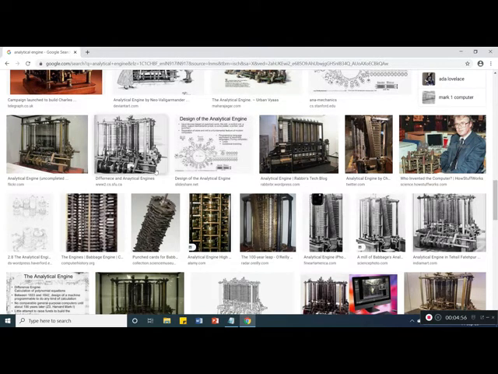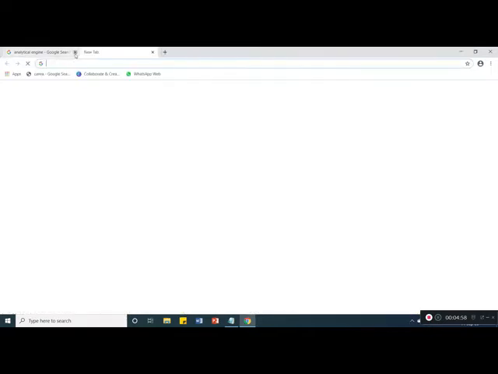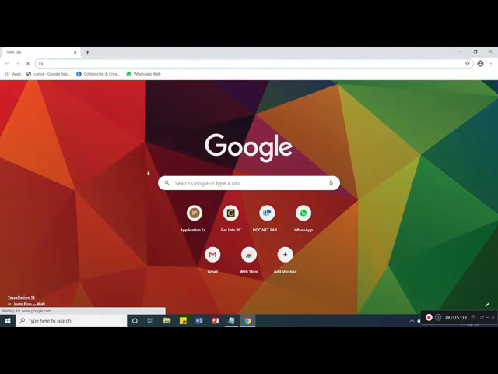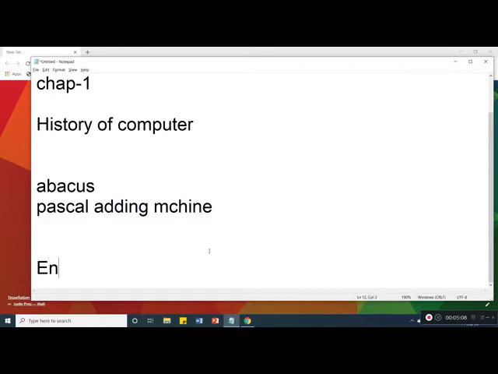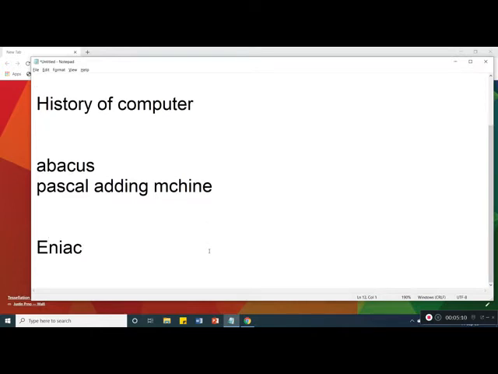Next are the electronic computing devices. After their invention, there are devices like ENIAC, the Electronic Numerical Integrator and Calculator. The second one is UNIVAC 1, the Universal Automatic Computer.